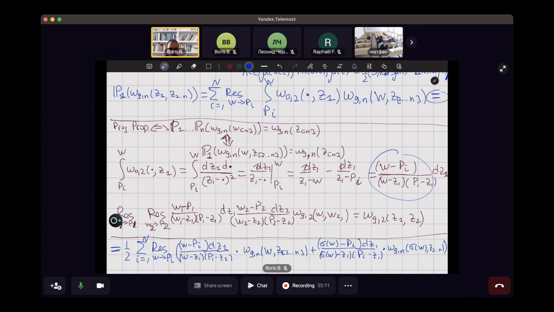So I can write as follows. I can write here, instead of this integral, I just can write, say, g of w z1.